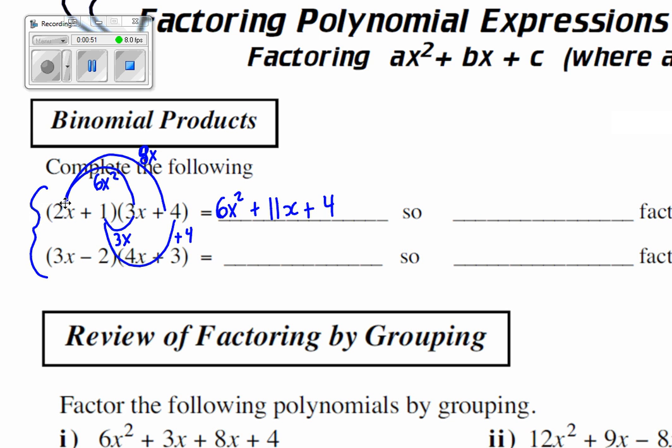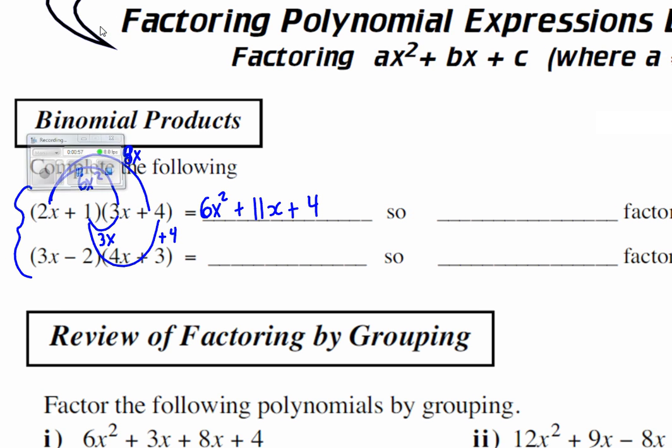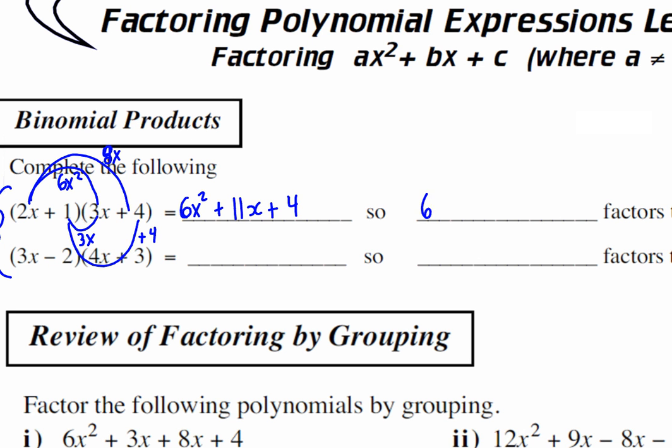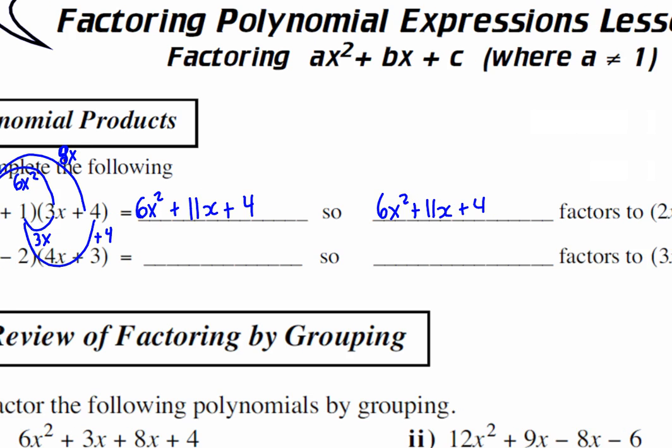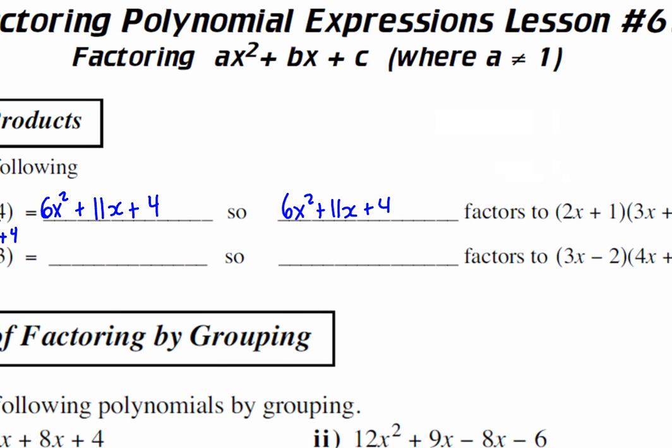When you collect your like terms, yes? Okay, so what does that mean? That means that 6x squared plus 11x plus 4 factors to 2x plus 1 times x plus 4.